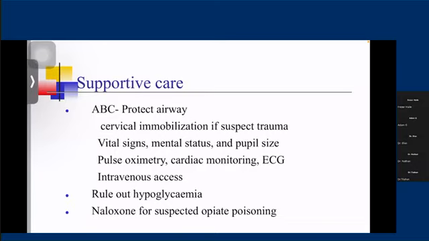And after airway, we can proceed to breathing and circulation, putting the patient on oxygen, and putting the patient on a mechanical ventilator, which is sometimes a must, depending on the patient's condition. Following vital signs, mental status, and pupillary size is also very important.